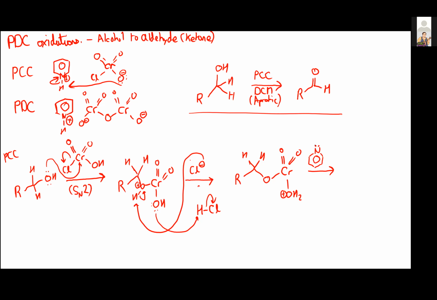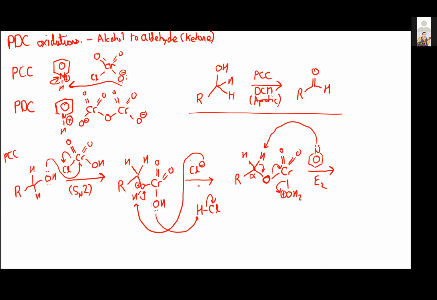So we've got pyridine present. And essentially, I want you to think about what this is. This is just an E2. If we think of it this way, this is the alpha proton.